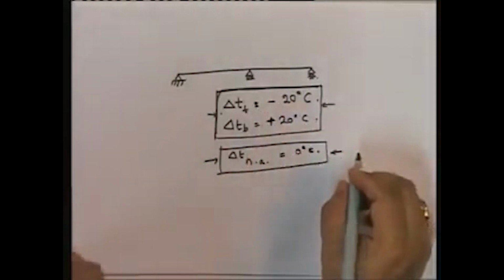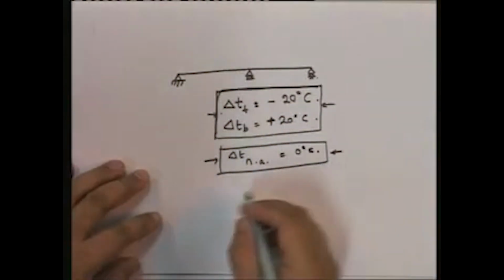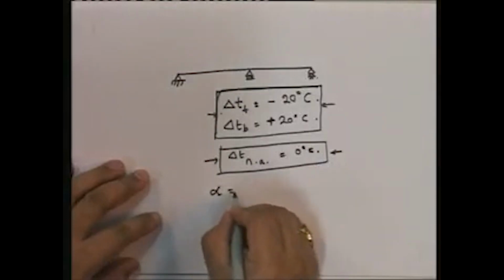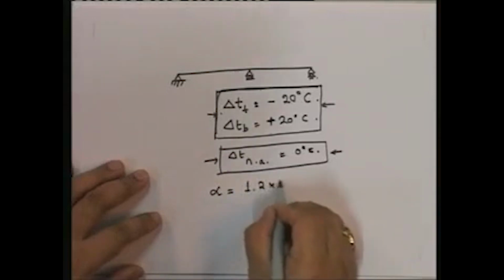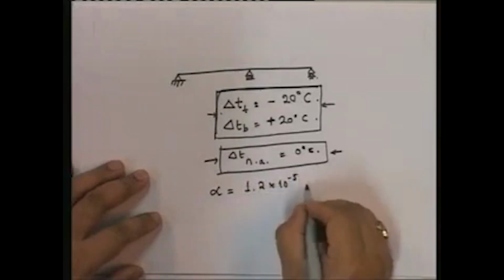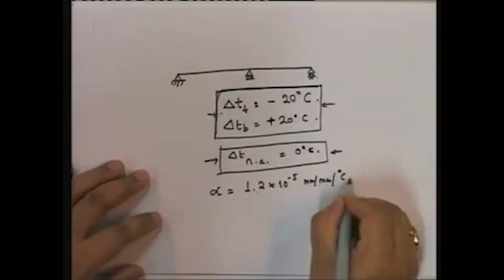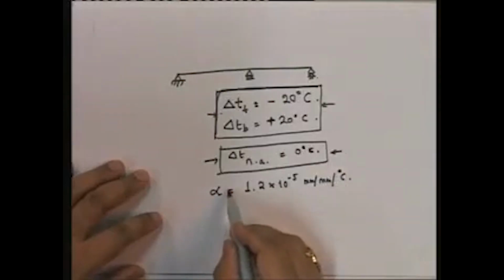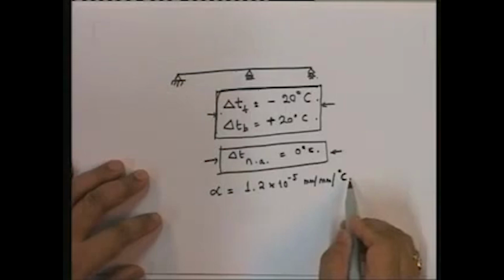Let me put a few things in here. I'm going to say that alpha is equal to 1.2 into 10 to the power of minus 5 millimeter per millimeter per degree centigrade. Note that it is strain per unit temperature.